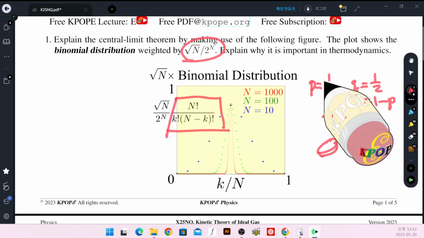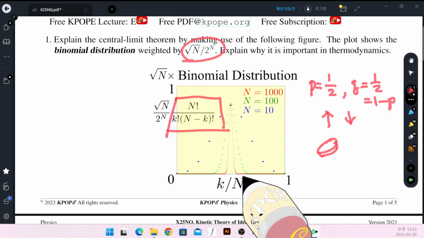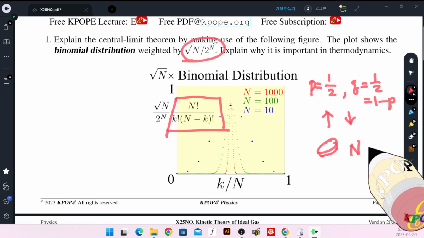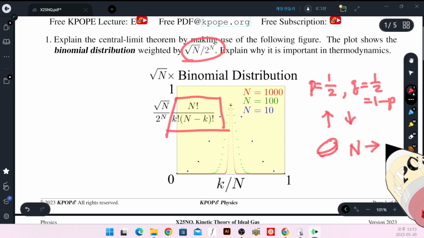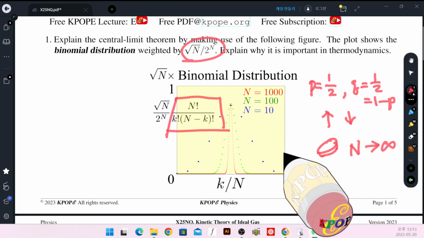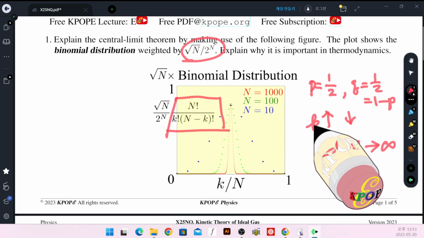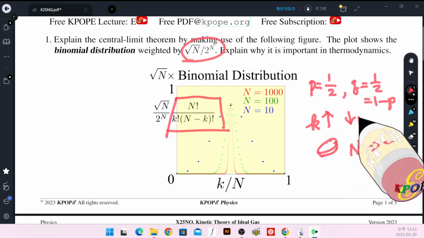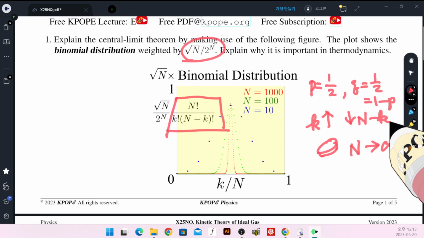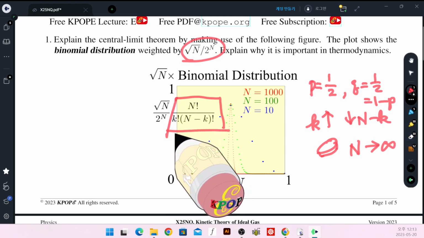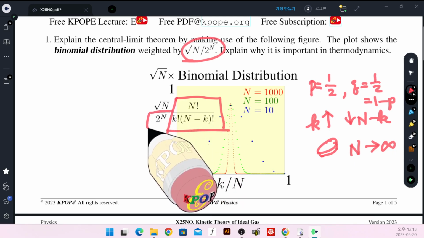And if you try a number of trials, n, that reaches infinity, the distribution of finding up, let me call it k, and finding down, that is n minus k, the probability can be computed by the weight of this.